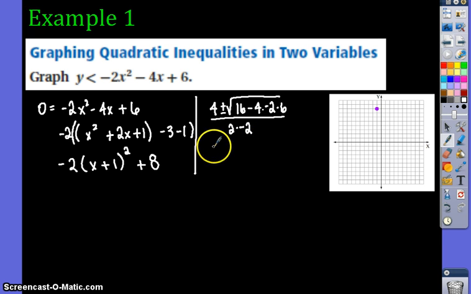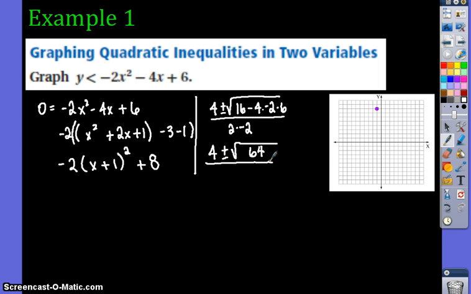All right, so let's clean this up just a little bit. We have 4 plus or minus the square root of. In this, we would have to do the multiplication first. So 4 times negative 2 would be negative 8, times 6 would be negative 48. So inside here, we have 16 take away negative 48, which is really 16 plus 48, which is 64.